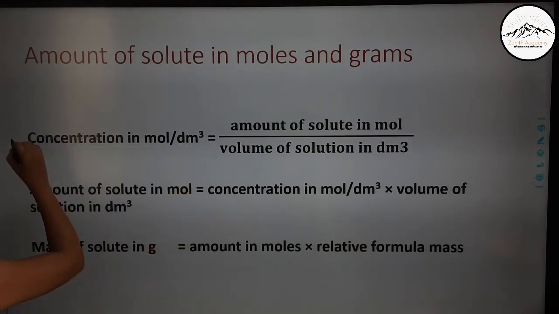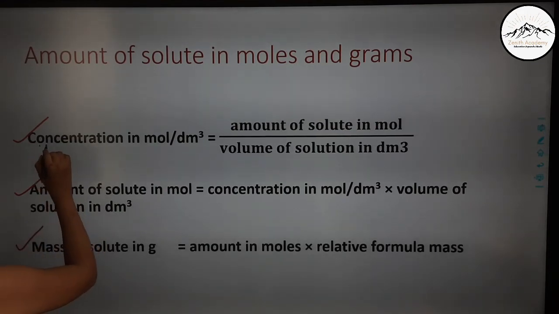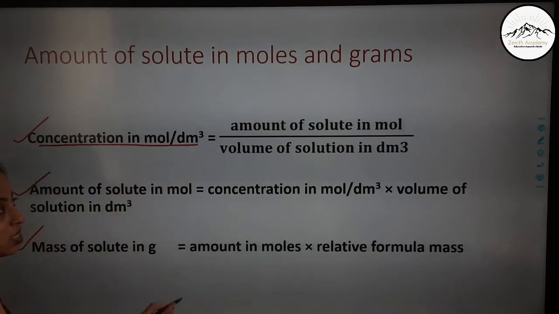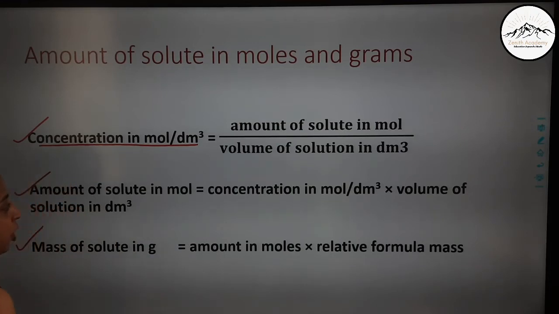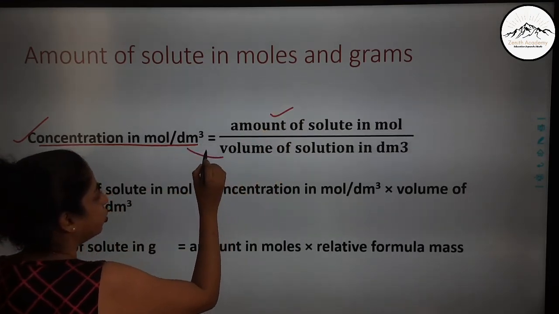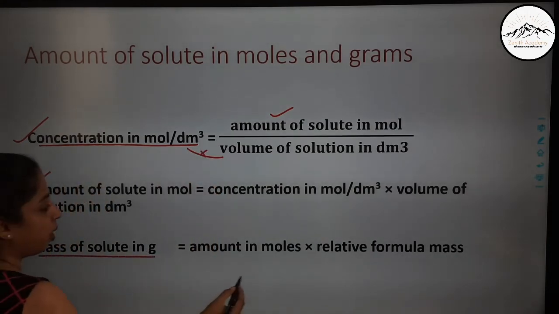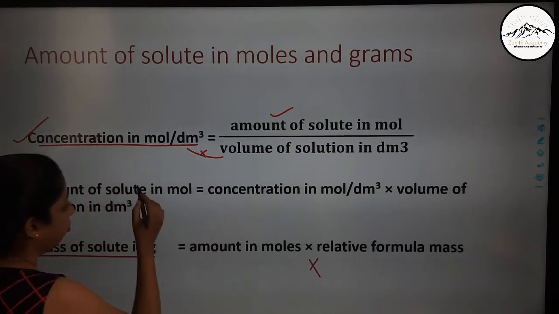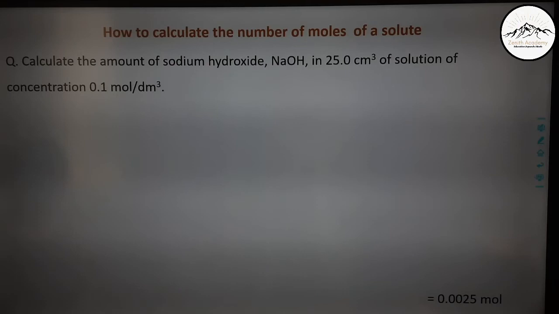So students, we have to remember only these three formulas for all the titration calculations: that concentration in moles per decimeter cube is amount of solute in moles upon volume of solution in decimeter cube, and this amount can be found out by multiplying these two, and then the mass of solute can be found out by multiplying this amount with the relative formula mass. Let us see by examples.